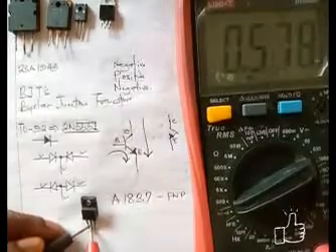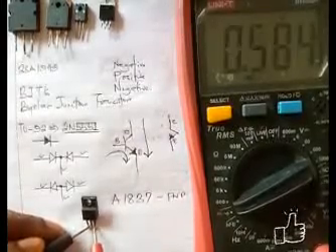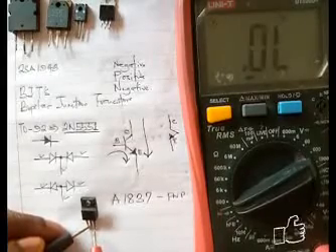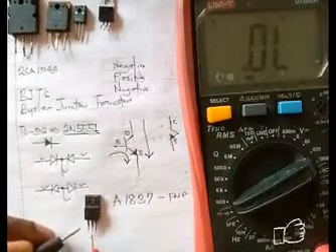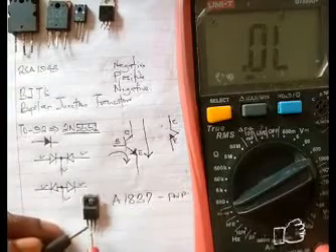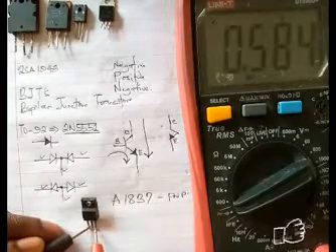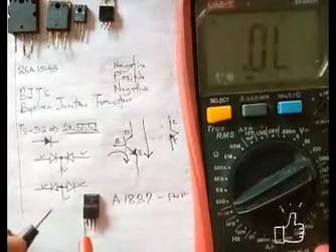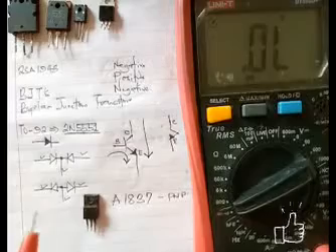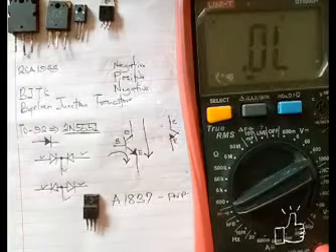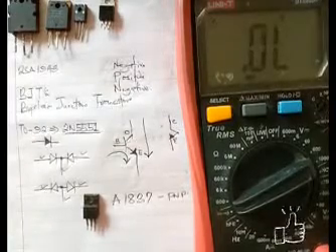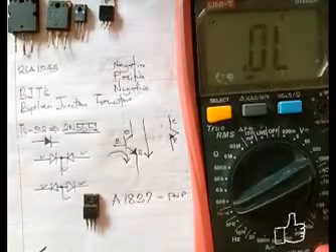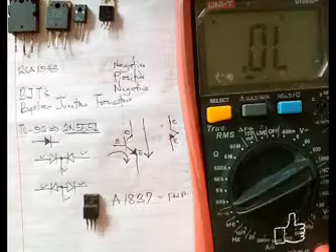Okay, so this is 0.578 and 0.584. We see that once again, it is consistent with what I said earlier. Your reading between your base and the emitter would be higher than the reading between your base and the collector. This is a very important key, just in case you pick up a transistor and you don't know the pinouts. Once you get a higher reading between the base and between two particular pins, you know that that is your base emitter pins. All right.